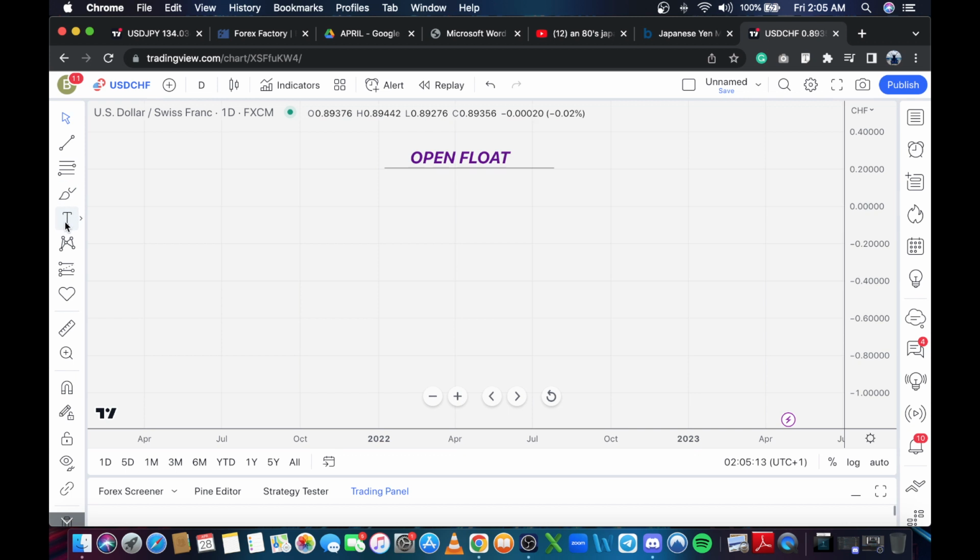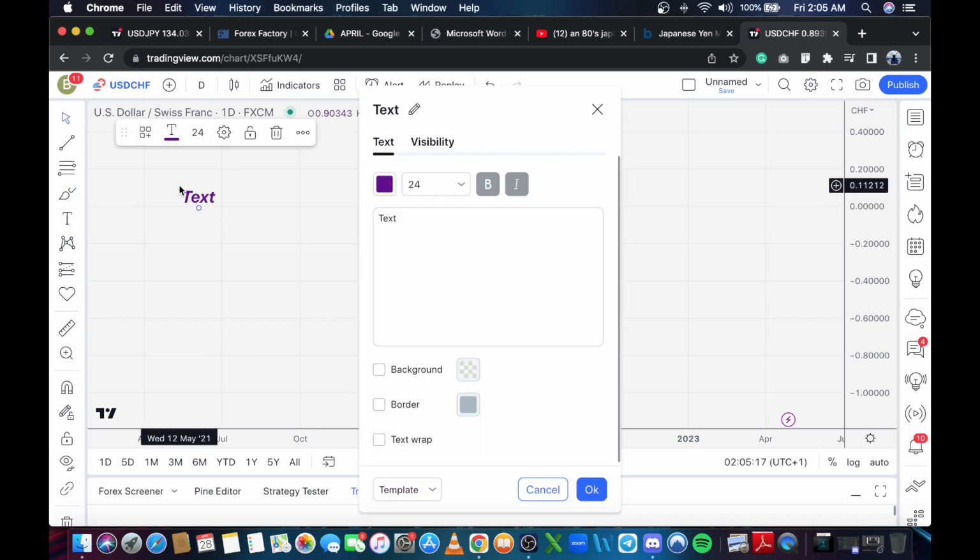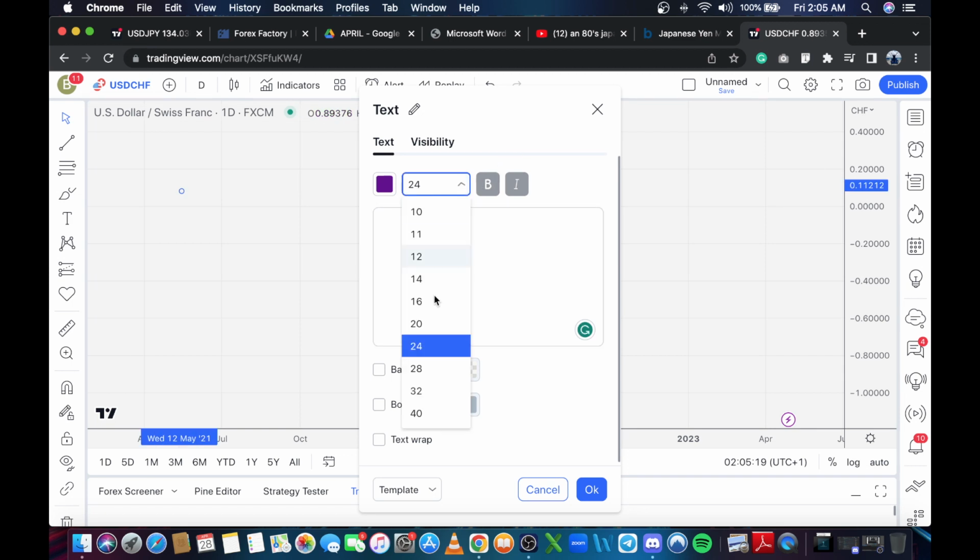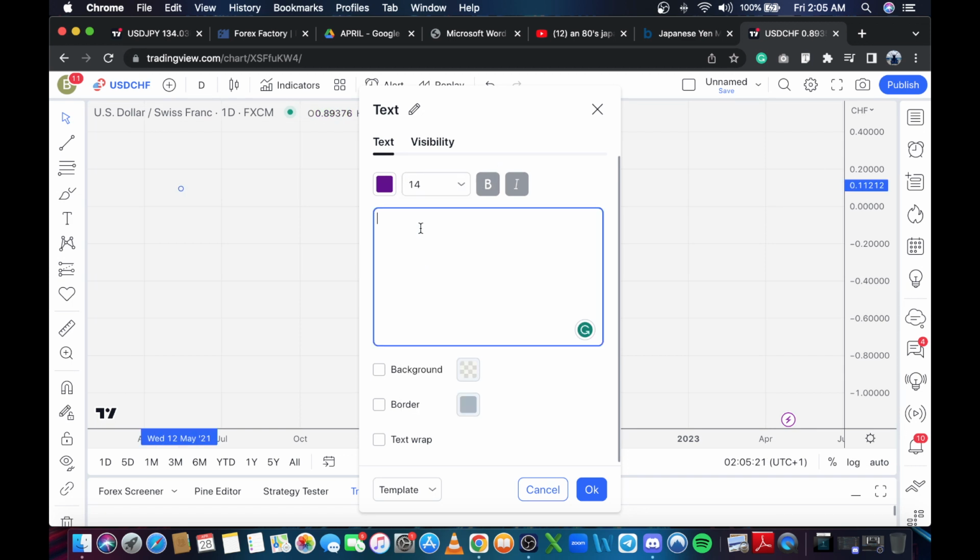Okay, so let's type this out. It is defined: open float is the current open interest above and below market price.